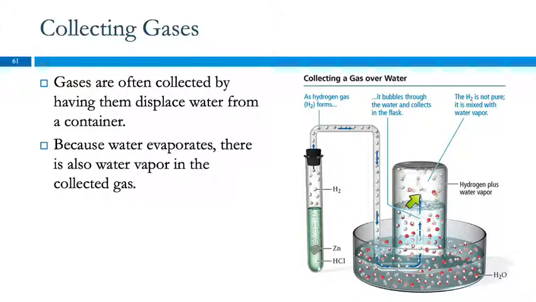So in this space, we have the gas that we've generated, but we also have water vapor, because water evaporates, right? So we're going to have hydrogen plus the water vapor. But as we just learned, calculating the partial pressures there and the moles is not really all that difficult.